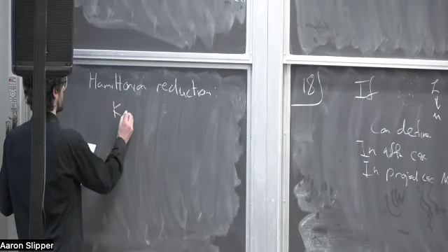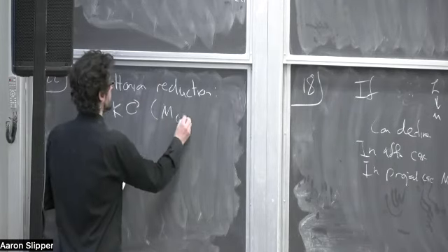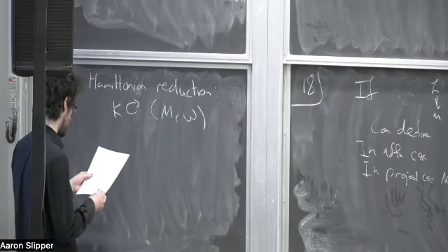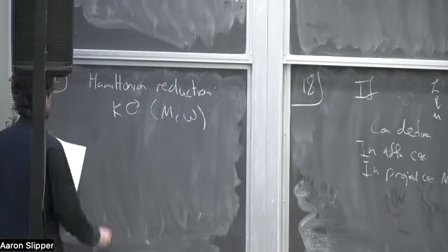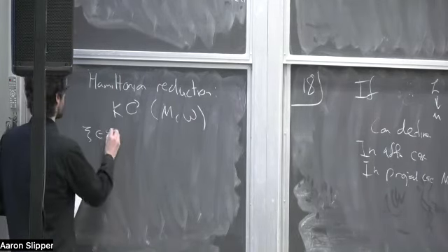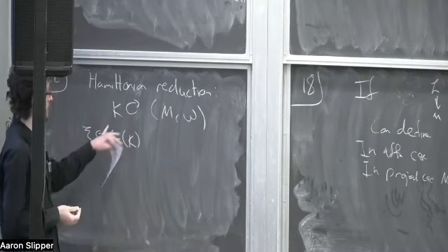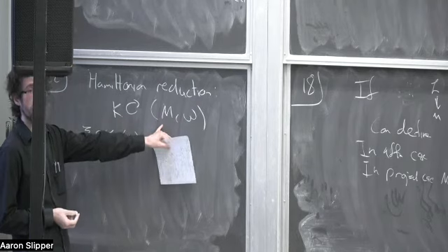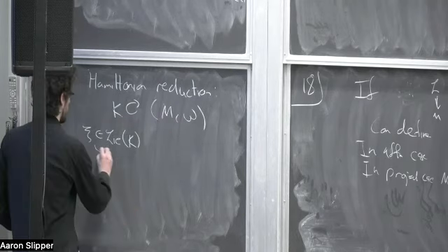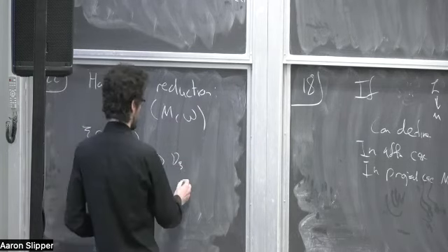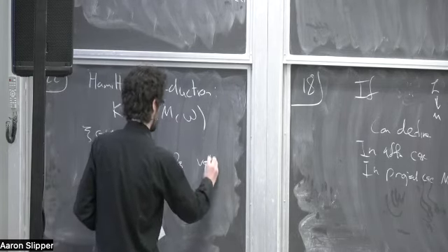So if we have K act on M, omega by symplectic morphisms, then if I have some element of the Lie algebra of K, that gives me a vector field on M by the infinitesimal action, the psi vector field.